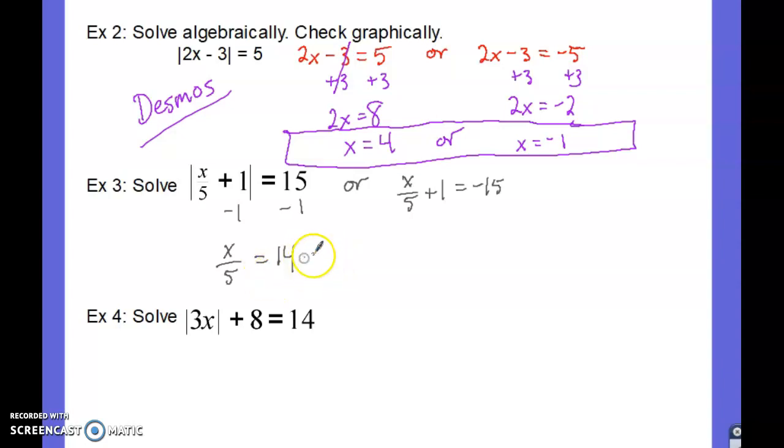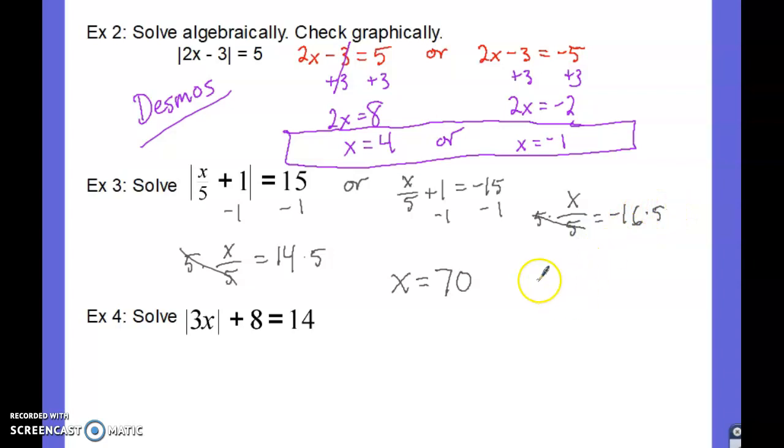And then when you multiply by 5 to solve for x, you get x equals, let's see, 50, and 5 times 4 is 20, so that must be 70. And the same work over here, as I mentioned before. So you have x over 5 is equal to negative 16, but now when you multiply both sides by 5, well, 6 times 5 is 30, 50 would be negative 80.